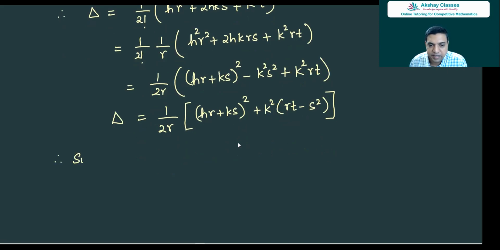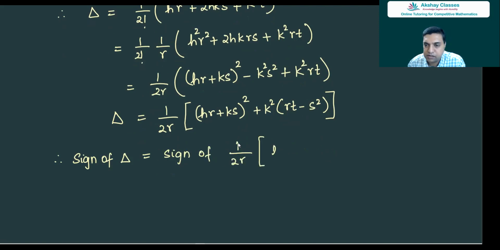Therefore, the sign of delta is equal to the sign of this term, 1 by 2r times hr plus ks the whole square. h and k are small variable values of the argument, and r, s are derivatives.